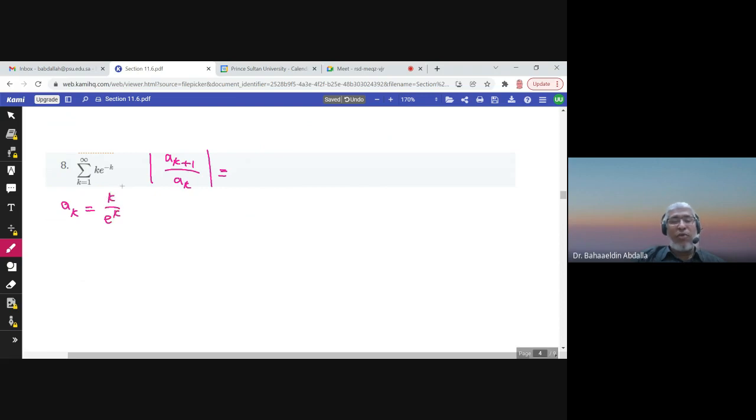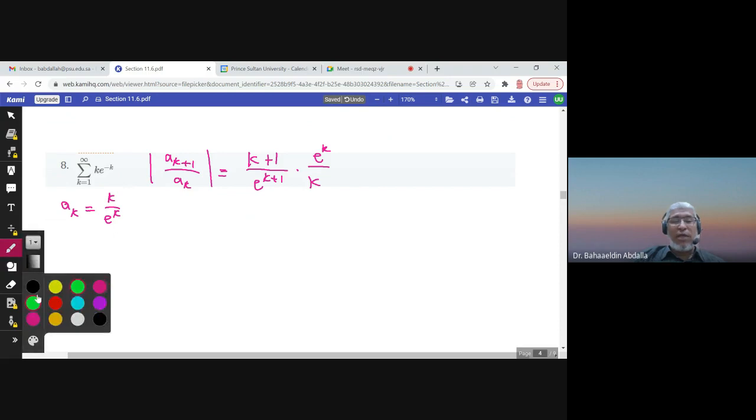Okay, bring e to the power negative k below. So a_{k+1} would be (k plus 1) over e to the power k plus 1, multiplied by the reciprocal of a_k, which is e to the power k over k. And now I can cancel this with this, and I'll have e to the power 1.